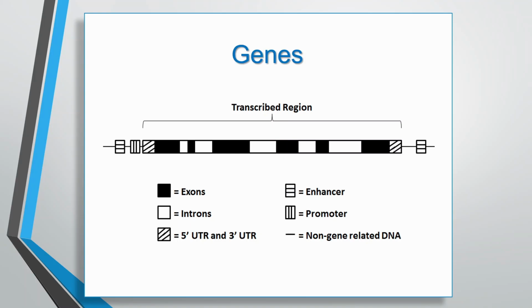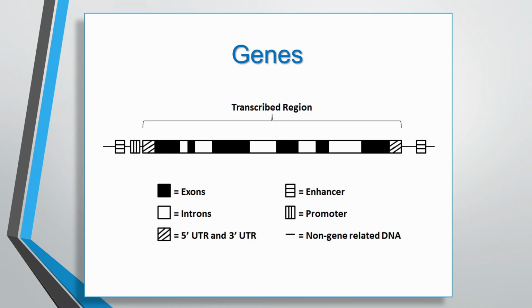Untranslated regions are those that are transcribed into RNA but not translated into proteins. Untranslated regions within the transcribed region are called introns because they intervene, interrupt, and divide up the transcribed region. The introns vary in length within genes and from gene to gene.